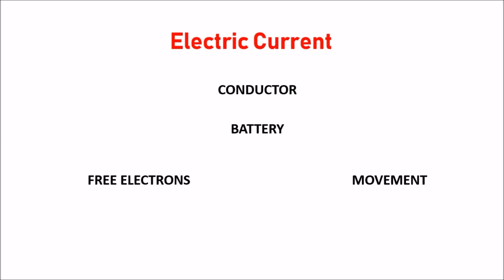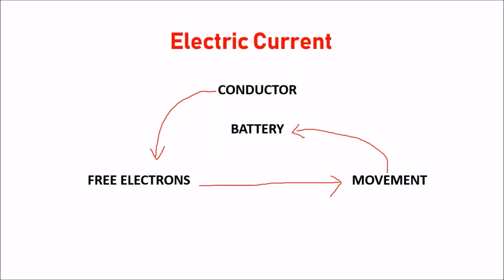What is meant by movement? Yeah, it is motion. So here you need to understand the relationship between all these. You see, in conductor there will be free electron. All free electrons will be in motion, and this movement, this motion is caused because of battery.